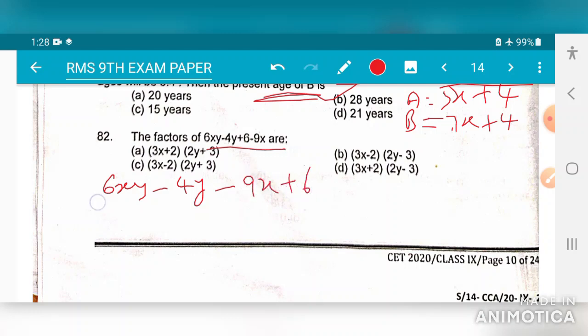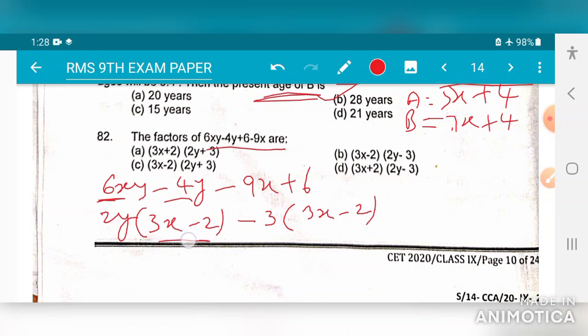Now here 2 and y are common, so I am taking 2y common. The leftover is 3x minus 2.